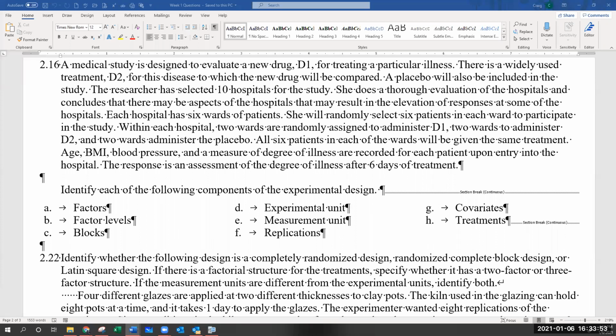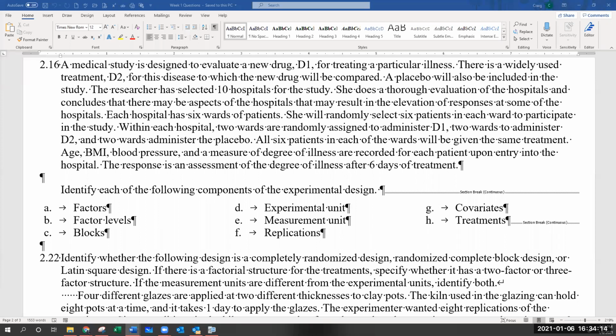The book's solution would say that the experimental unit is the wards and the measurement unit is the patients. And really either of those answers is totally fine. I think the rest of it is pretty straightforward. But if somebody wants to ask about that, that's fine.